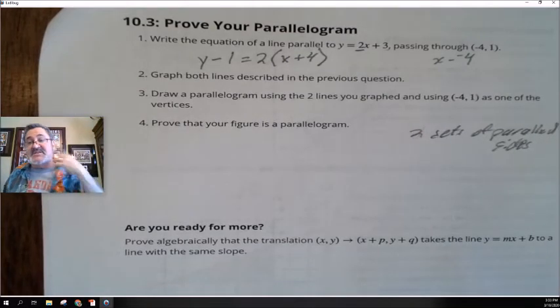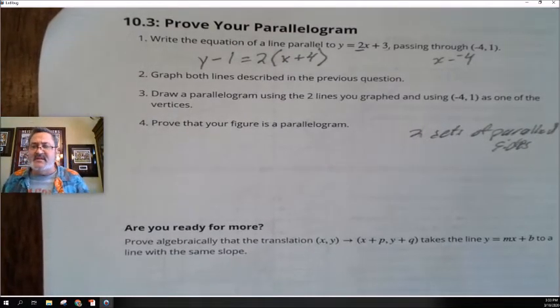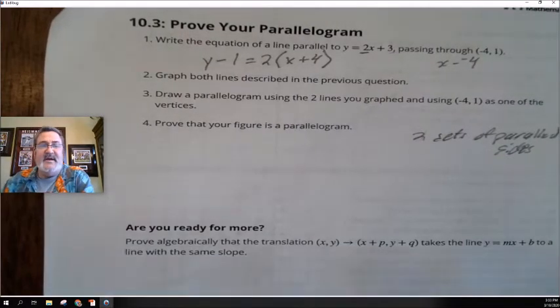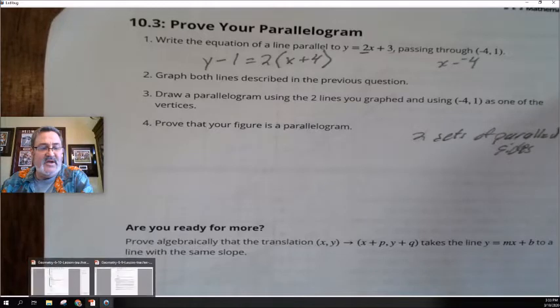And that'll pretty much prove everything else, because for those sides to be parallel, the lengths would have to be the same, or you won't have all of them parallel. So if we prove it has two sets of parallel sides, we can prove it is a parallelogram. All right, so let's go back and look at our shape.